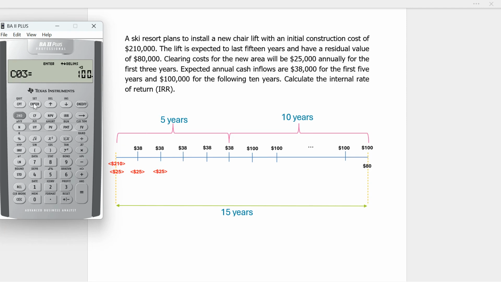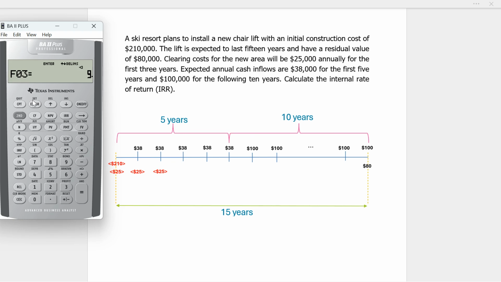Then enter. But just for 9 years they expect returns of $100,000, because at the end of year number 15, as well as a return of $100,000, they expect a residual value of $80,000. So go down and change F03 to 9, not 10, and then enter.